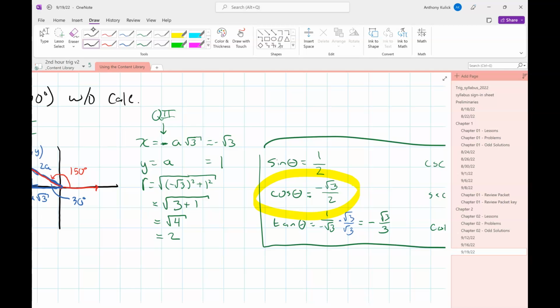Okay. So, we've done quite a bit here, right? There's one little thing that we could do to kind of make this process even more streamlined. What's the place where it seems like we have a lot of freedom? Picking that point on the terminal side, right?